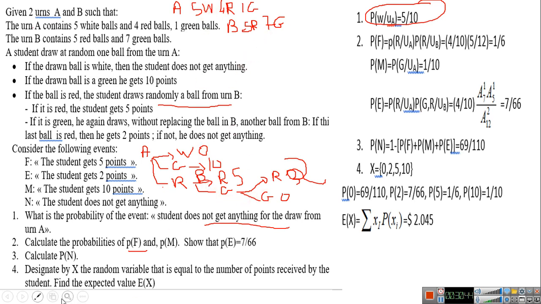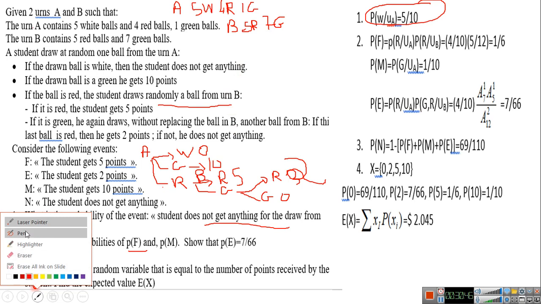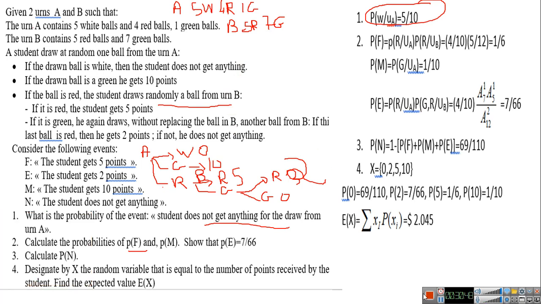So here I say, if I want to do it in another way, as we said, it's 5 over 10 times arrangement 2 green, 2 out of 7 over 2 out of 12. So if you solve it, you're going to get in calculator 69 over 110.